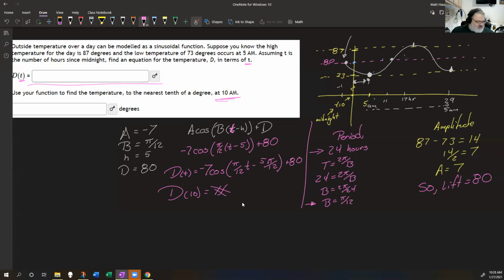And you'd have to tell me what that is. I'd have to put it in a calculator. But it should be less than 80, more than 73. So my guess would be 78, 76, something like that.